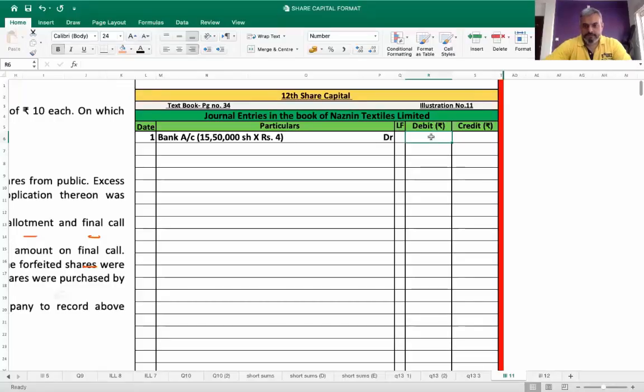So 62 lakhs, to equity share application account, 62 lakhs.